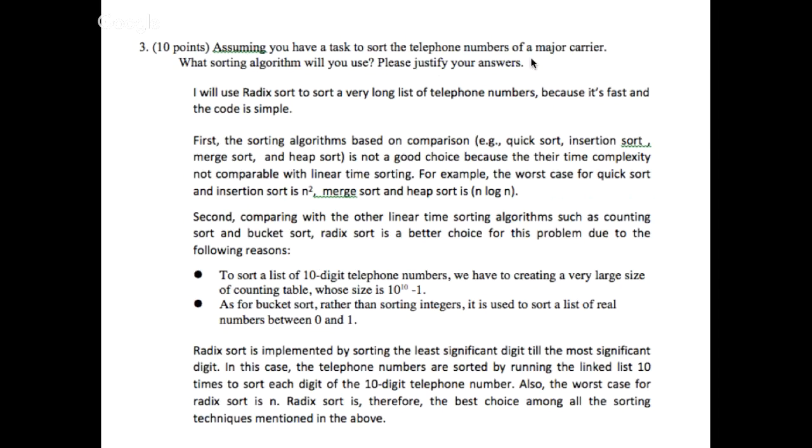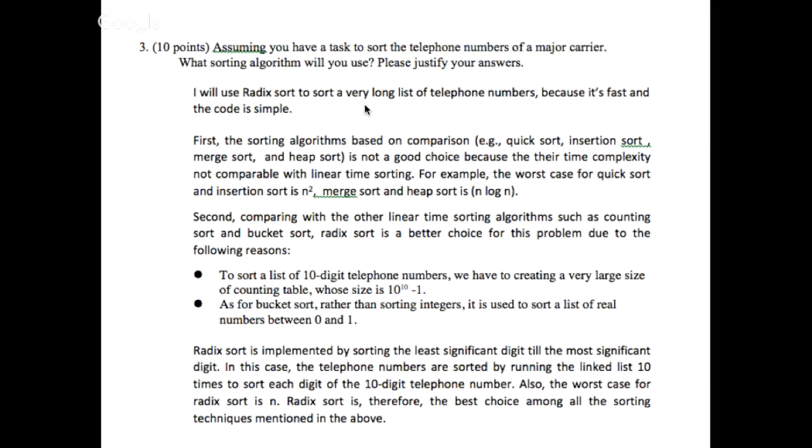To sort a list of telephone numbers, I would use linear time sorting. And among the linear time sorting algorithms, I would choose radix sort because it's fast and the code is simple.